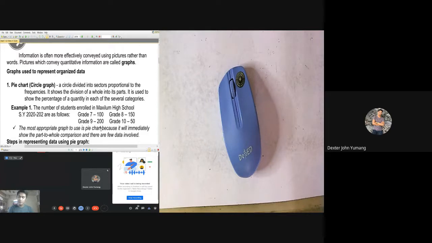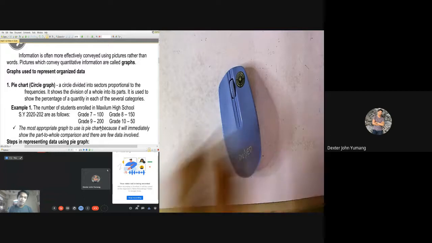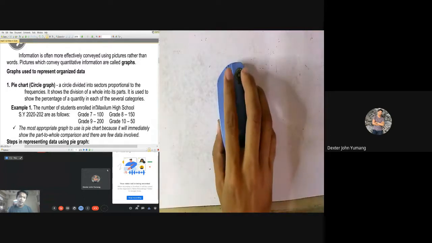But there are times that words cannot be discussed, or some words can't be expressed properly. So this is now the time that we will be using pictures instead. So these are called the graphs. The graphs are used to represent organized data.